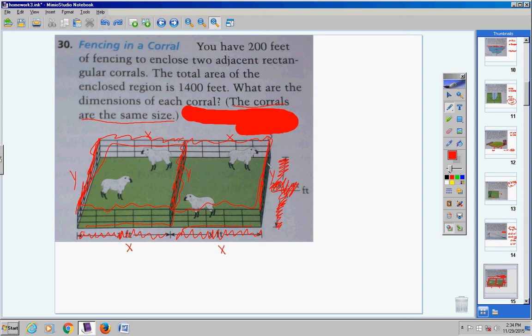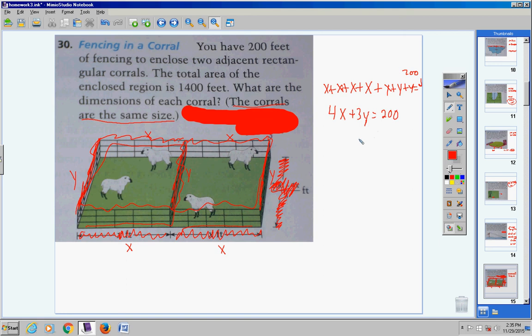So if I take this side plus this side plus this side plus this side, x plus x plus x plus x, plus my 3y sides, y plus y plus y, that's going to equal 200. So I really have 4x plus 3y equals 200, because 200 is the total amount of feet I used of fencing.